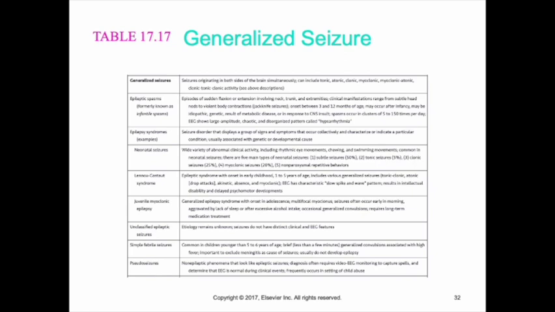Epilepsy syndrome is the disorder that displays a group of signs and symptoms that occur collectively, and they will be indicating a particular condition, usually associated with a genetic or developmental cause. Neonatal seizures can be seen in our neonates by manifesting rhythmic eye movements. It looks like they're chewing.